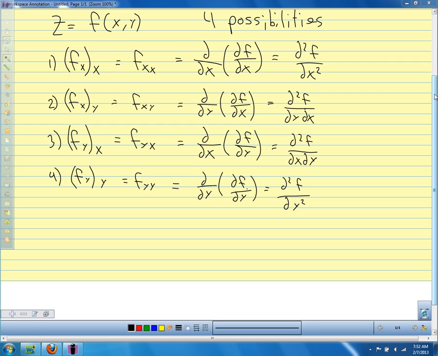We call 2 and 3 the mixed partials. And that just means we're taking the partial derivative with respect to one variable and then with respect to another variable.